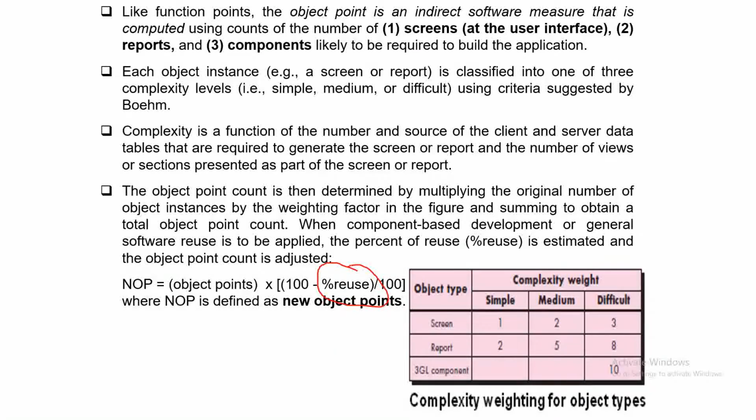Let's say you estimate that 5% reuse will be there, or 10% reuse. So you calculate NOP, which means new object point. NOP is equal to 131, the object point that you have calculated, into 100 minus whatever reuse you have considered, say 5, 10, 15, 20, 30, divided by 100. So you calculate the new object point.